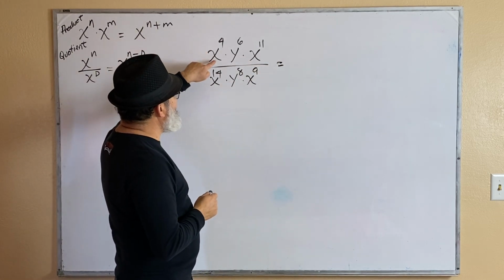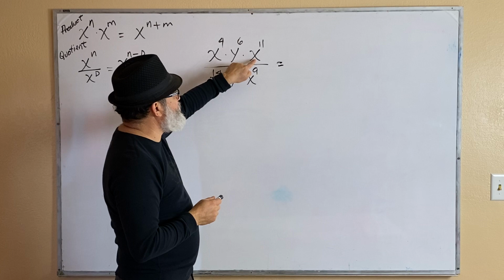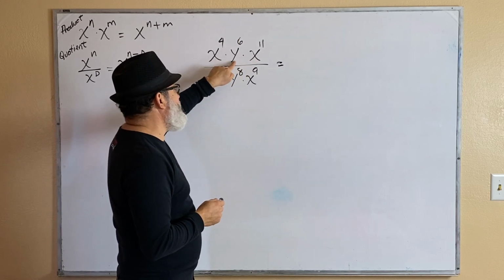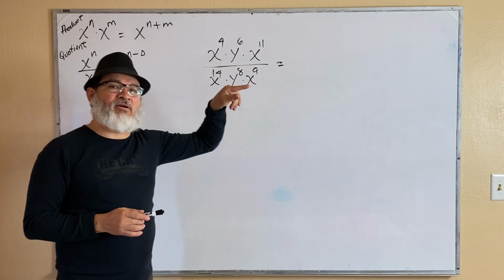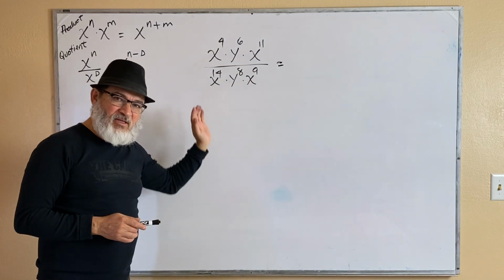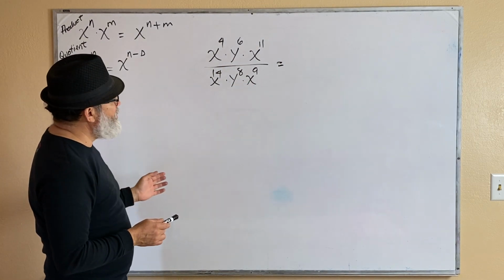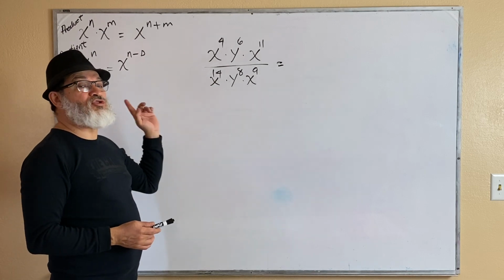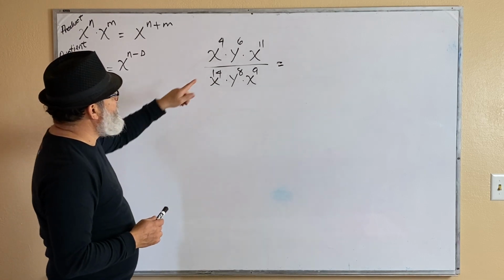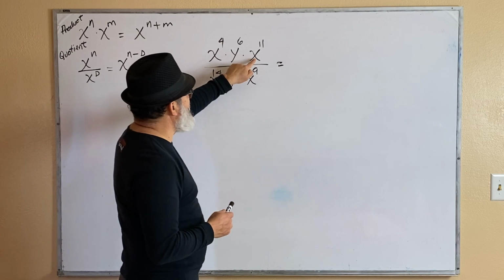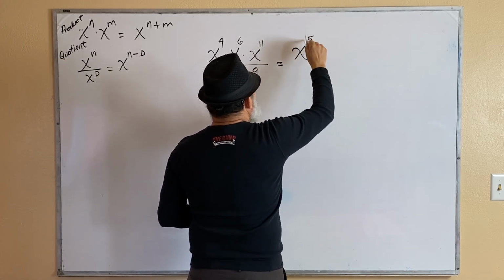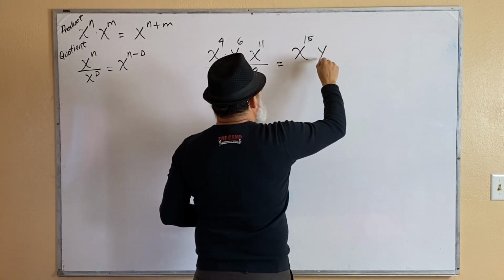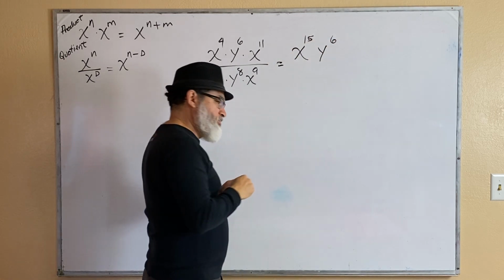Now, we can multiply this x to the 4th times this x to the 11th. There's nothing you can do about this one. So let's simplify the numerator and then simplify the denominator, and then we'll use the quotient rule. So x to the 4th times x to the 11th is x to the 15th, y to the 6th.